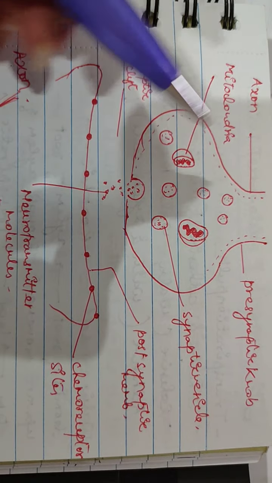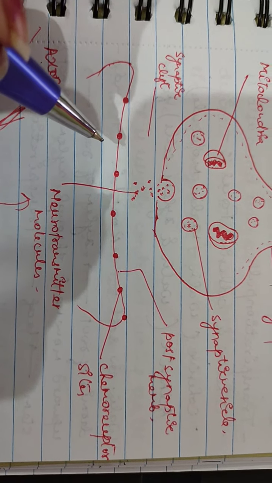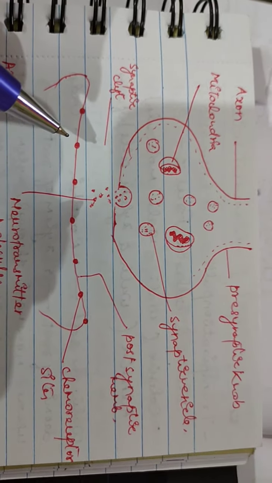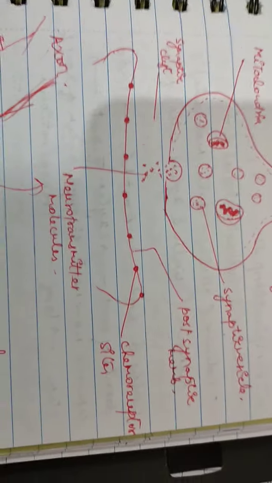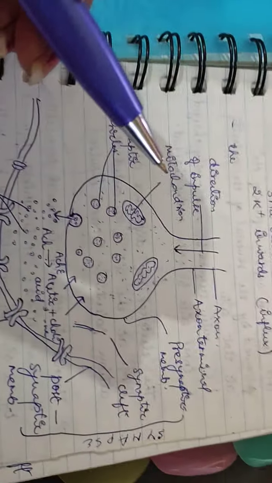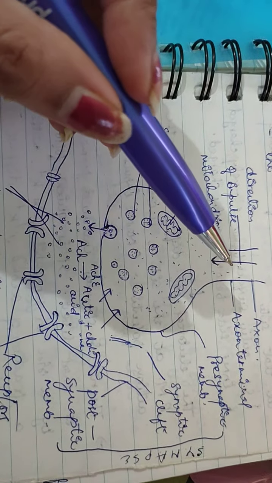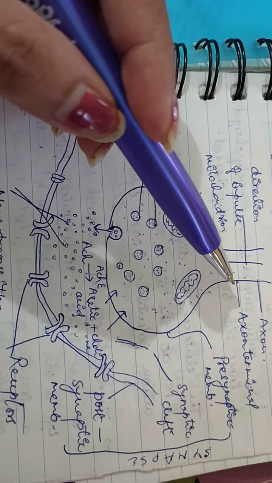You can see in this diagram, this is axon and this is the dendrite of another neuron. I think this structure is very clear to you. If it is not clear, you can go through this diagram also. See here, this is axon, axon terminal.